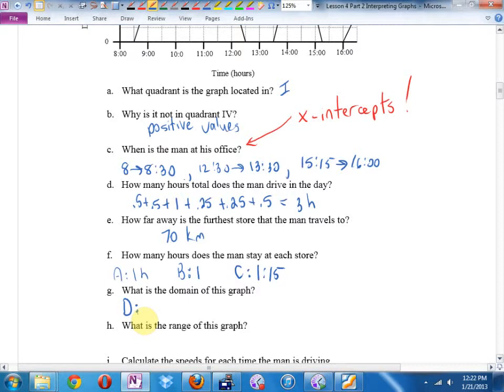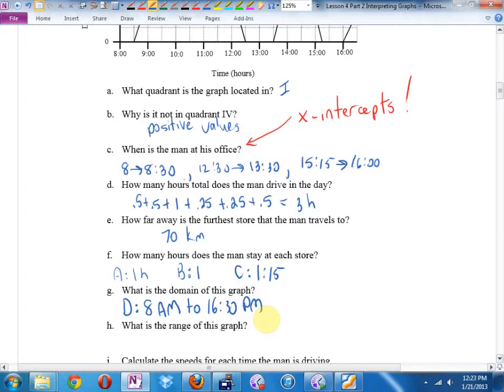I don't think the graph quite stops at 16. 8 a.m. to 16:30 p.m. Now that's how we'd write it in English. You ready? Here's how we're going to write it in math speak. So write that down, because that's the less terrifying one.